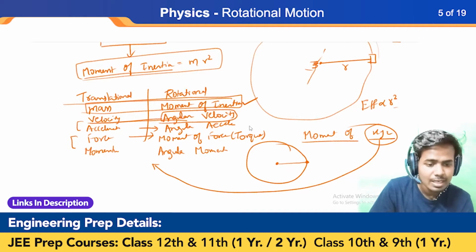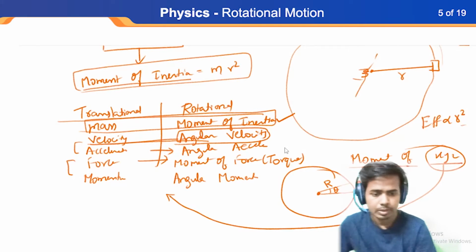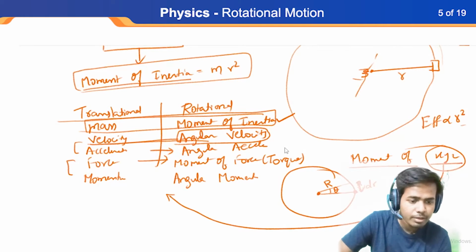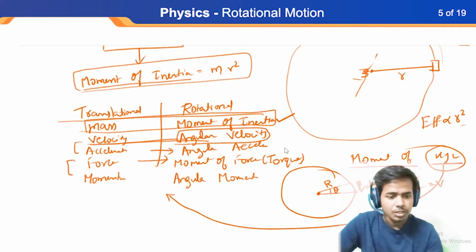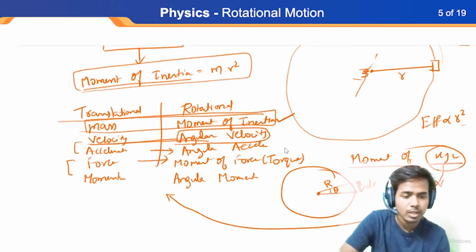It is defined as, let's say it has covered some distance dr over some angle theta, having radius r. So if I calculate dr by dt, it gives me velocity. But let me define what angular velocity is.